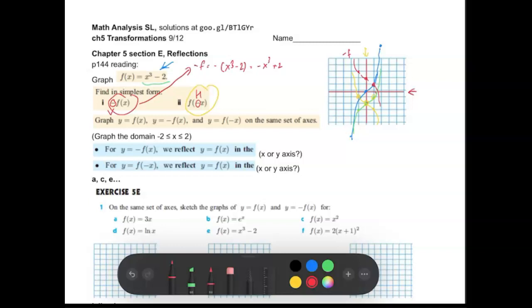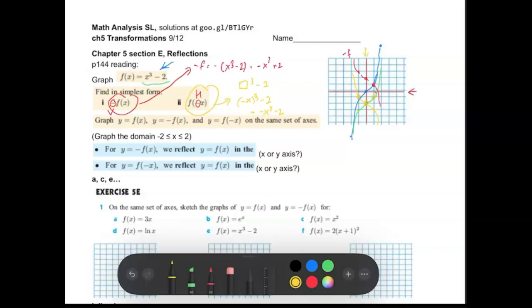And then for the yellow one, I would insert negative x in for every occurrence of x. So instead of something cubed minus 2, I would put (negative x) cubed minus 2, which is equal to negative x cubed minus 2, because the negative to the cubed power would just be negative. Okay, so that would be the yellow function expression.